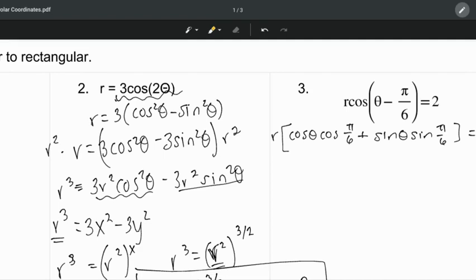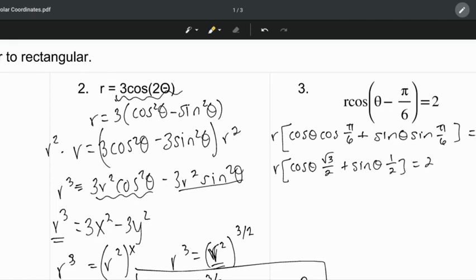So then we can evaluate the cosine of pi over 6 and the sine of pi over 6. So we have r times cosine of theta, cosine of pi over 6, remember from the unit circle, is root 3 over 2, plus sine of theta times the sine of pi over 6, which if we remember from the unit circle is 1/2.